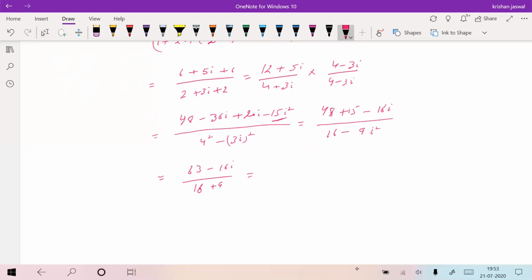So we get 63 minus 16 iota over 25. Now this is the complex number form.